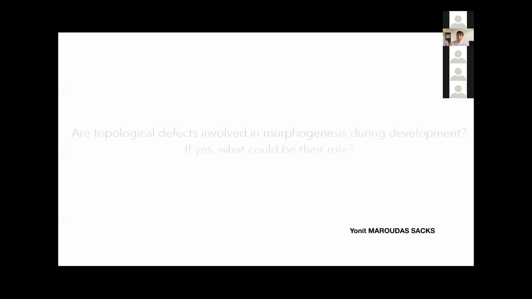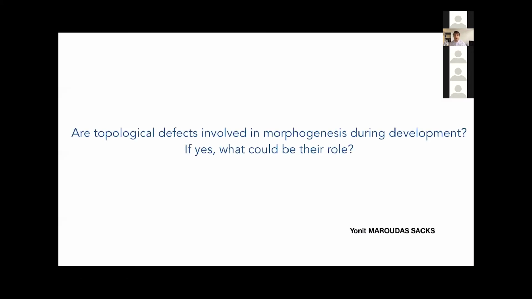So the question you may ask is, are topological defects involved in morphogenesis during development, since they are part of the structure of the animals? And if that's the case, what could be their role during the development? And I refer here to the talk of Yonit this morning that is, I think, one of the best examples we have of the role of topological defects in development.